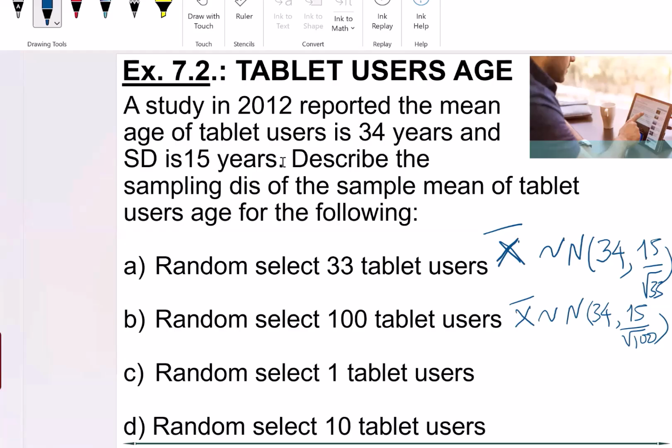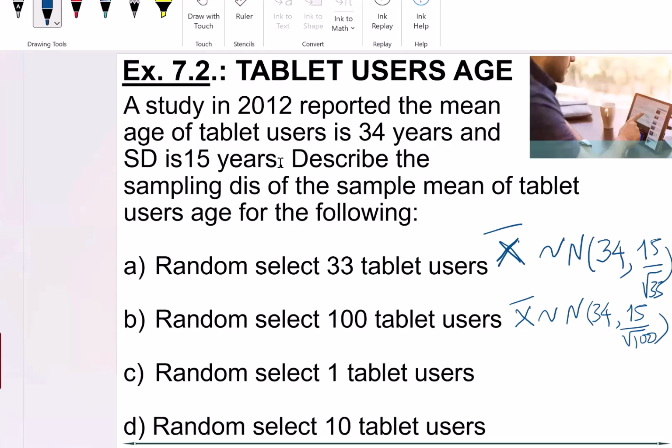But here we don't have any information about the original distribution of tablet user age. So we just know that it has the same distribution as the original one.